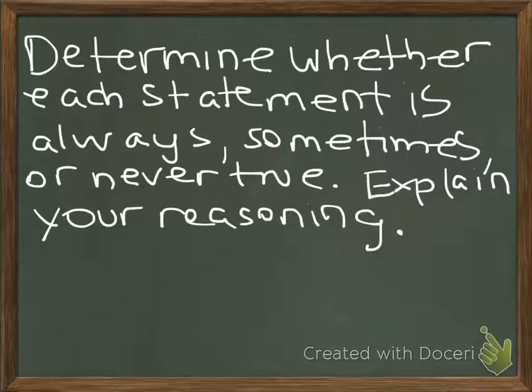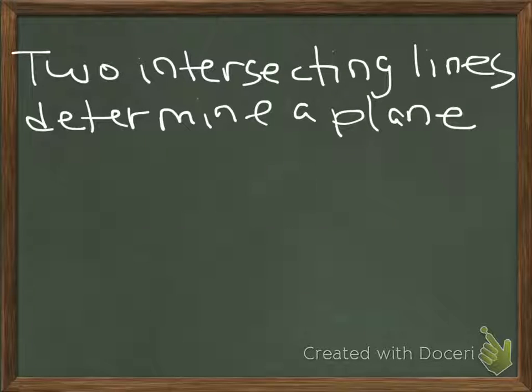The next part, we're going to determine whether each statement is always, sometimes, or never true. And we're using a little bit of the postulates and a little bit of common sense here. But if you have 2 intersecting lines and they determine a plane, do you think that they're always going to determine a plane, sometimes, or never?